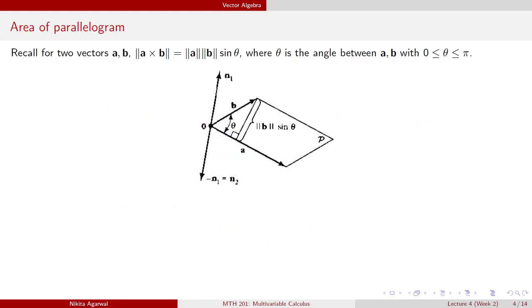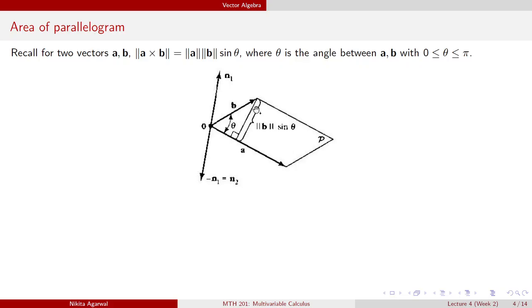Now let us understand the length of the cross product geometrically. I want you to look at this parallelogram shown in the picture, whose adjacent sides are A and B, and then you complete the parallelogram. What is the area of this parallelogram? It is the length of base times height. I am considering the base to be this, so the length of the base is norm A. And what is this height?